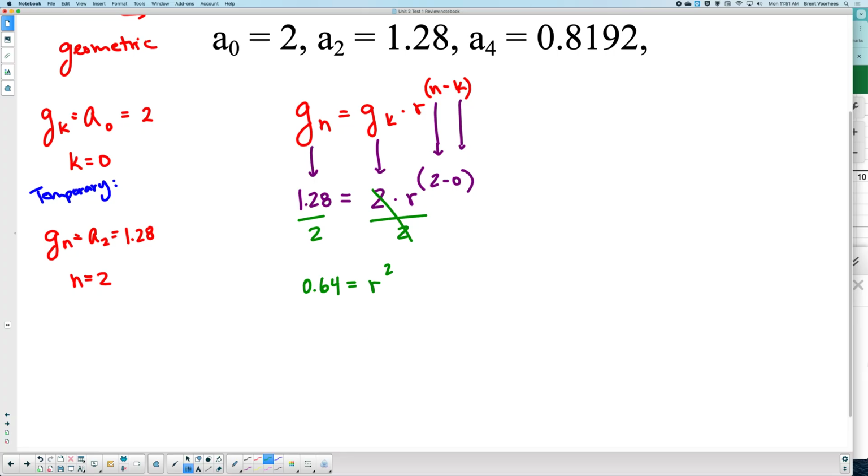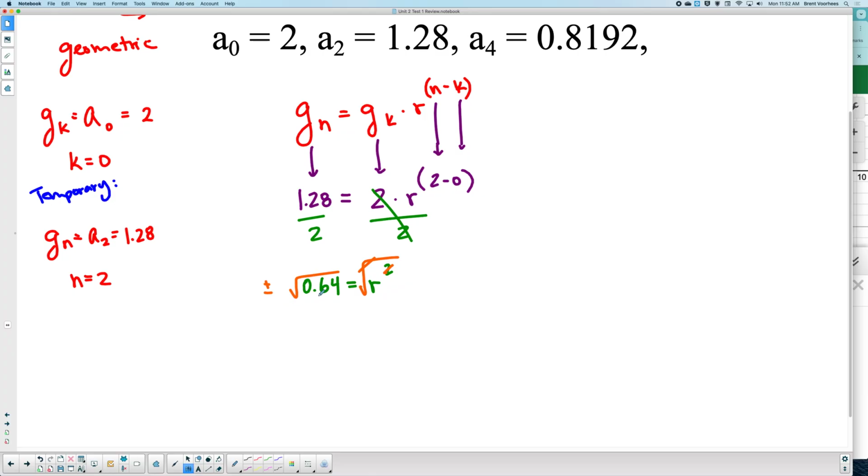What's the opposite of a square? Square root. So technically, anytime you take a square root, you should add positive or negative. I'm not going to stress over that, but do y'all know what the square root of positive 64 is? 8.